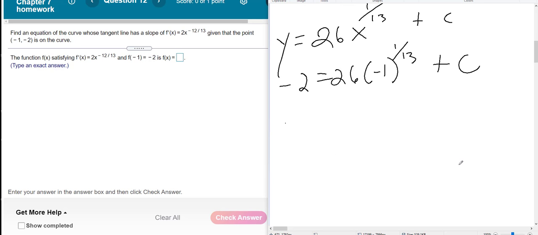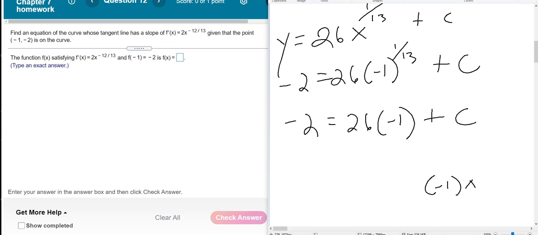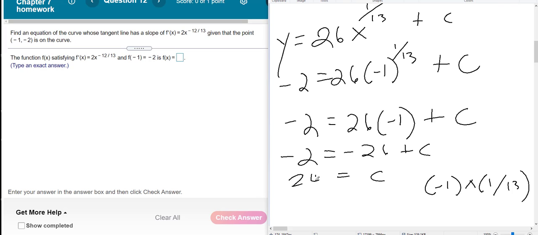Okay, so -2 equals 26, and the 13th, the odd root of a -1 is just going to be -1. And you can do -1 to the 1 divided by 13 on your calculator, and it'll show you that it's -1. So -2 is -26 plus c, so our c is 24, if I add 26 to both sides.